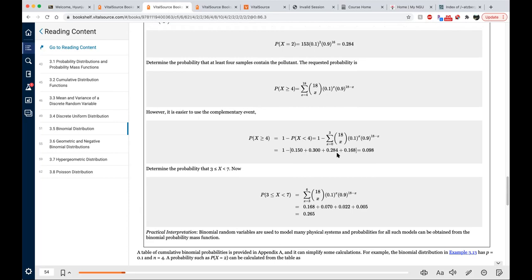The best way is using the calculator, right? So using the binomial CDF. So 1 minus the binomial CDF. I'll show you. Give me a second.